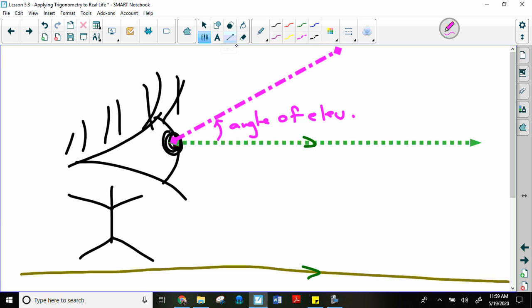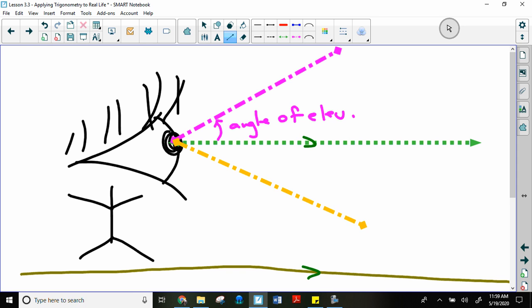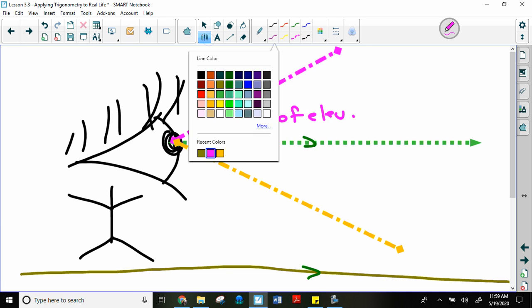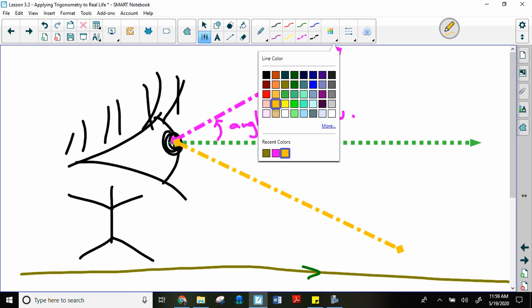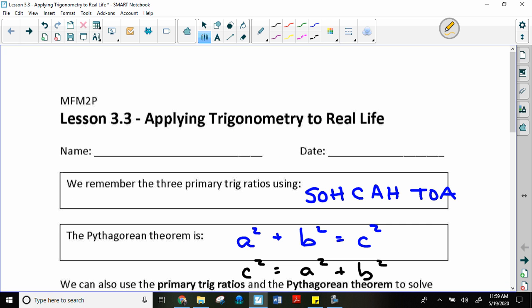And then similarly, an angle of depression is when our eye looks down at the ground for something, the ant, the bug, whatever it is. We've created an angle of depression from the horizontal of our eyes.